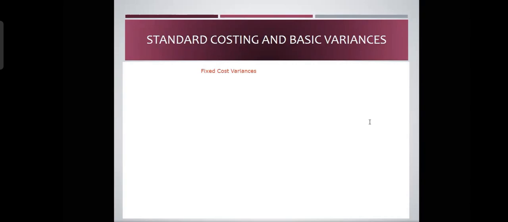Then there is fixed overhead volume variance, and that could be a little bit complex. Volume variance means that when I came to you and said I gave you a budget of 10,000 and you spent 11,000, why did you spend more? You will come back and say, listen, you asked me to spend $10,000 fixed overhead and produce, I don't know, 1,000 units, but I produced more units.